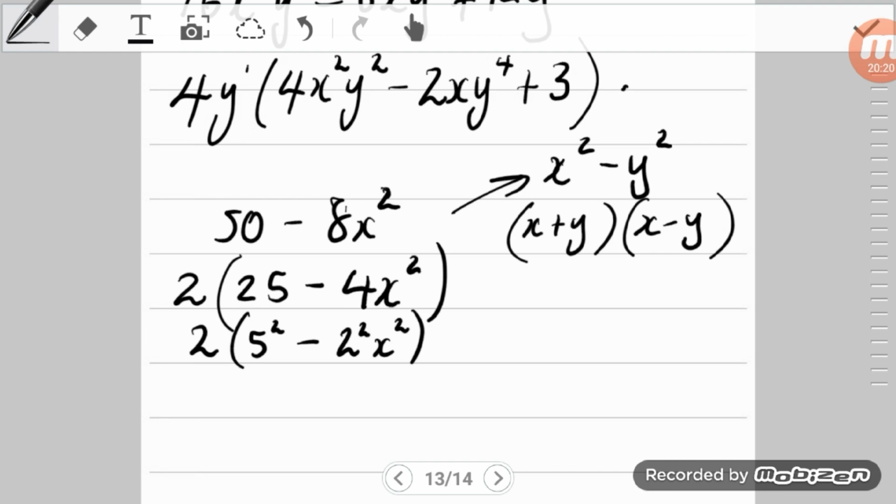But for now, the explanation is that once you end up with an expression that is the difference of two squares, the result is x plus y by x minus y. So this now means you open two brackets here, and you're going to have 5 plus 2x and 5 take away 2x. And that clears up that particular problem. All right, so that is completely factorized.